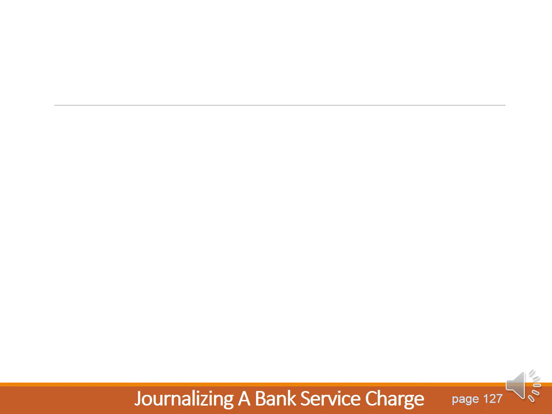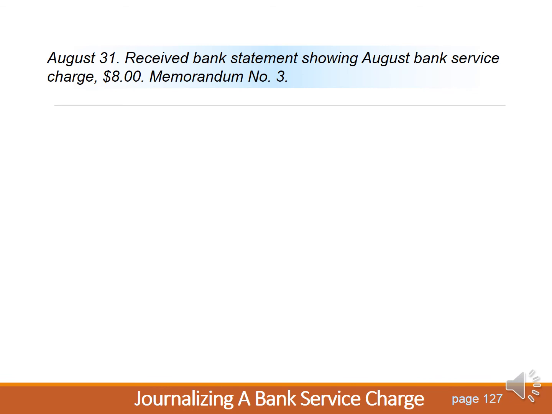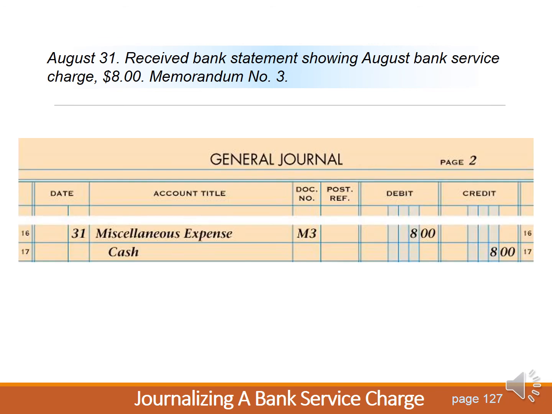To do this, we have to first journalize in our general journal the bank service charge. So we receive a memo, which is the objective evidence, that says that we have to subtract $8 service charge from our account. So we're going to go to our general journal.